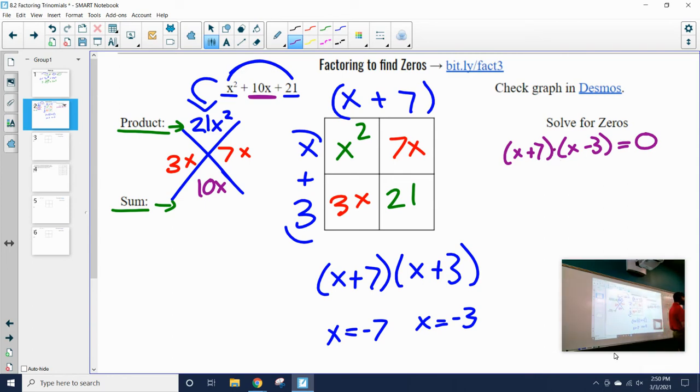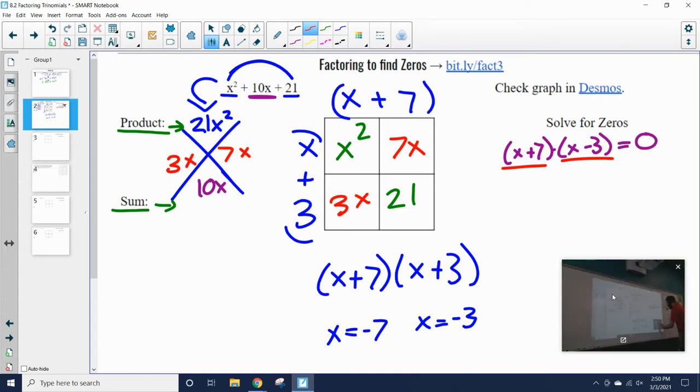So when do we ever have two numbers being multiplied together and get an answer of 0? The only time we can multiply two numbers together and get 0 is if one of those numbers is 0. So if my first factor is 0, then I can get 0, or if my second factor is 0, then I'll get an answer of 0. But one of them has to be 0.